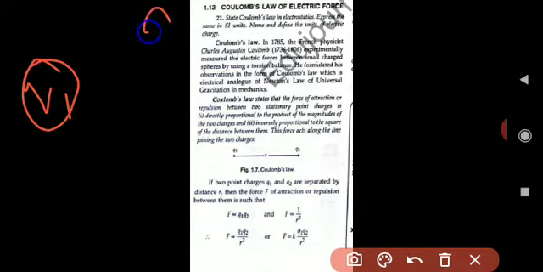Suppose there are two charges. Suppose this is the charge q1 placed here, another charge q2 placed here, and there is a distance r between them. As we know, if one is positive and the other is negative, then there will be a force of attraction.